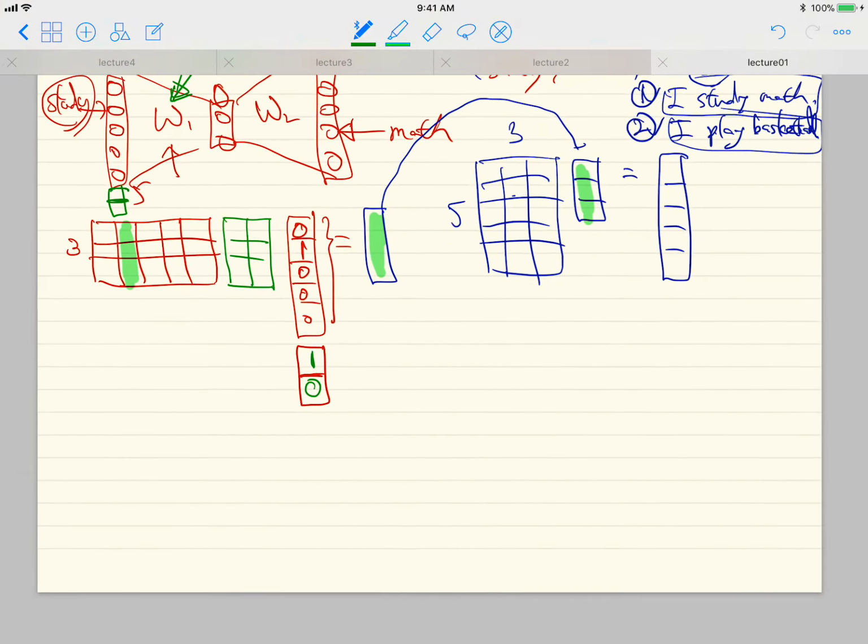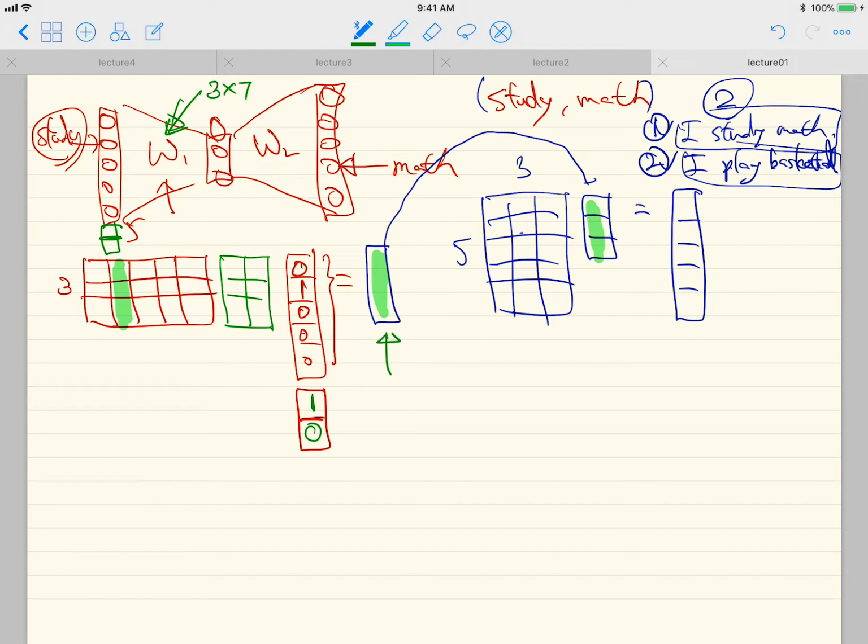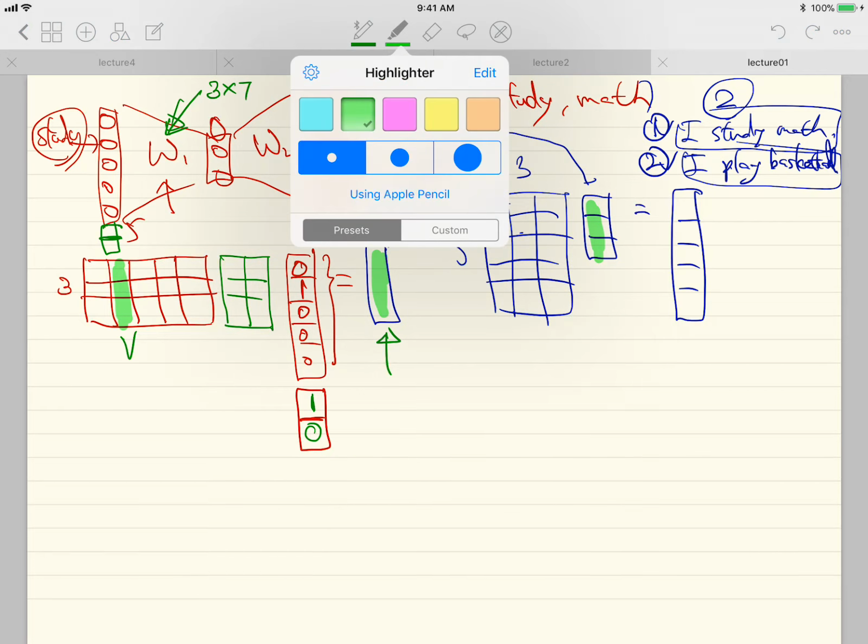And then in this case, let's think about the resulting vector over here. Initially in word2vec, that was picking up this column vector, and that would be our output. But here in this case, we have two ones, one over here and another one here. So in that case, what is the result?